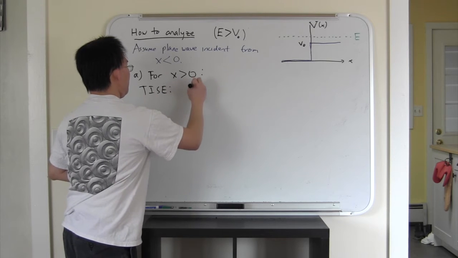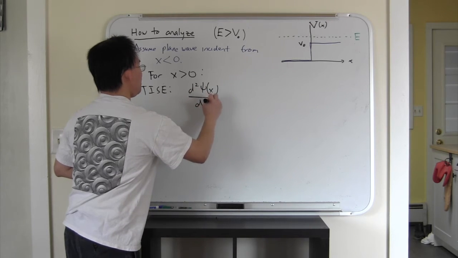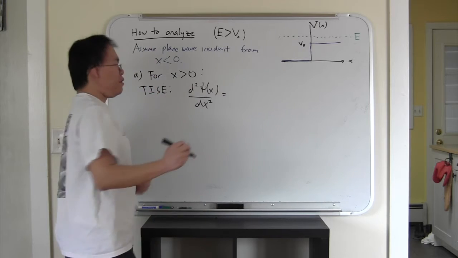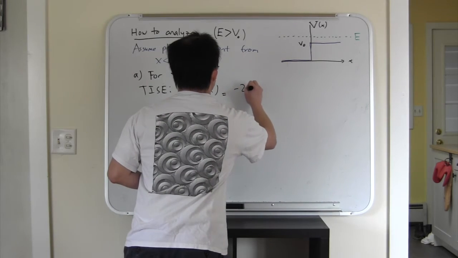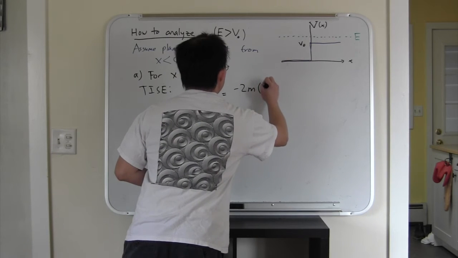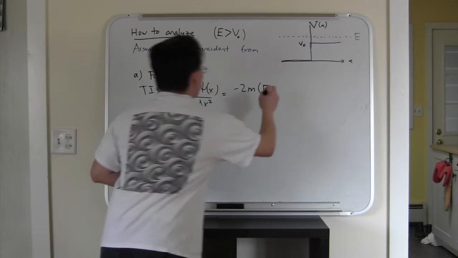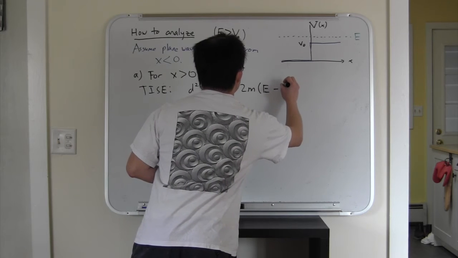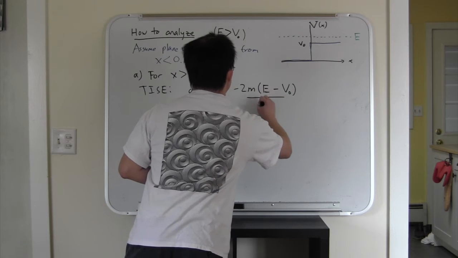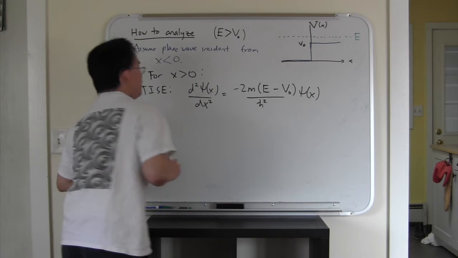If I isolate my second derivative here, I'm going to get a minus 2m times E minus V naught over h bar squared times psi of x.